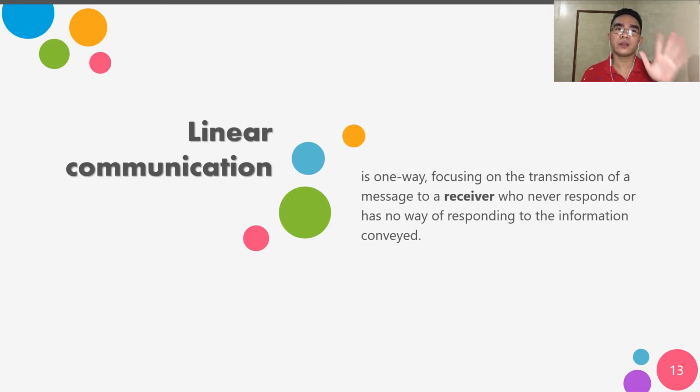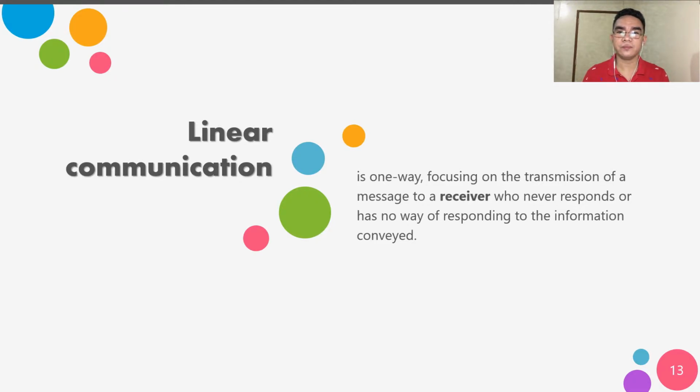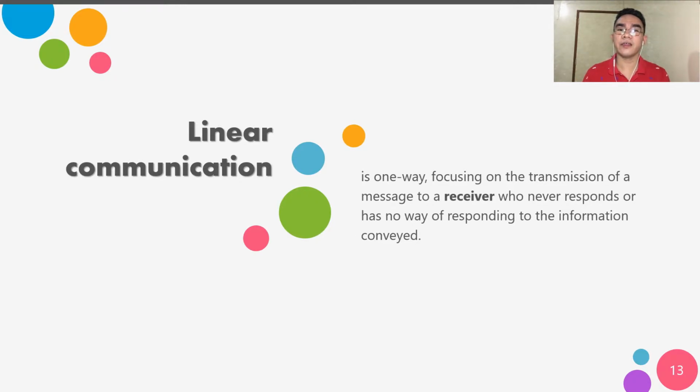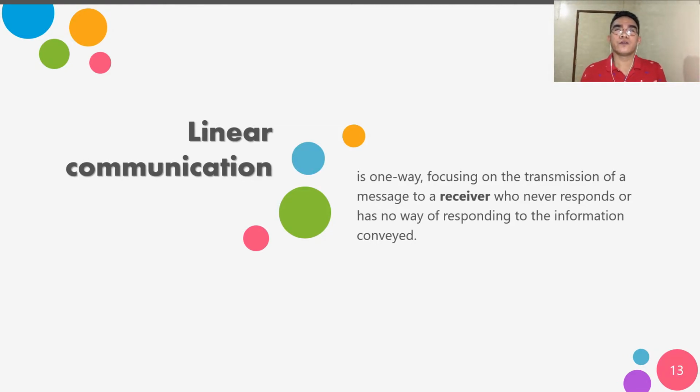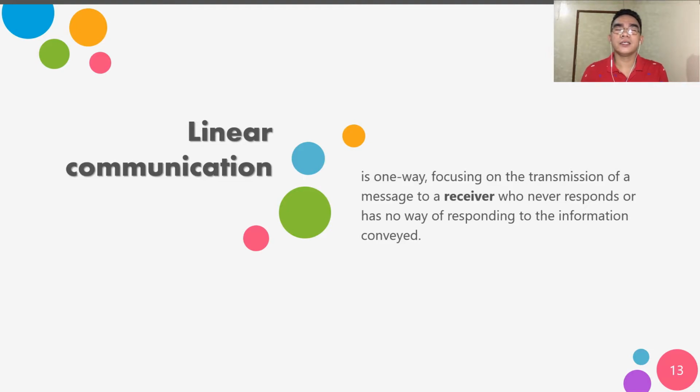The readers will not be able to respond easily to the content of the book, or to the content which the author shared with the readers or the audience. So that is already a one-way communication. Did you get that?